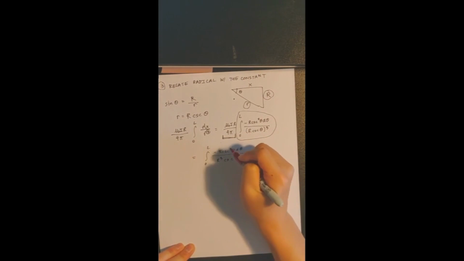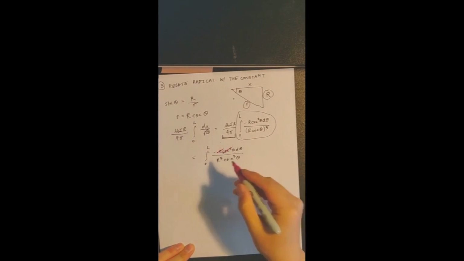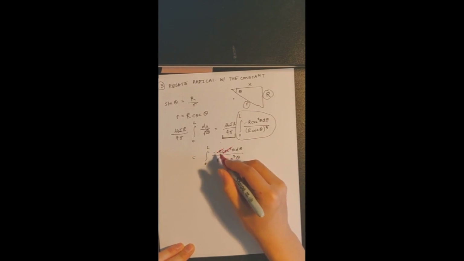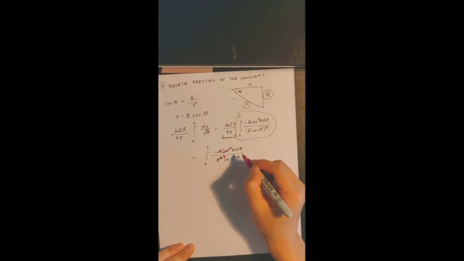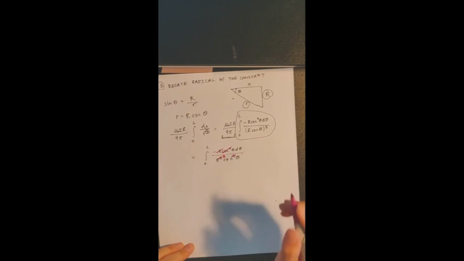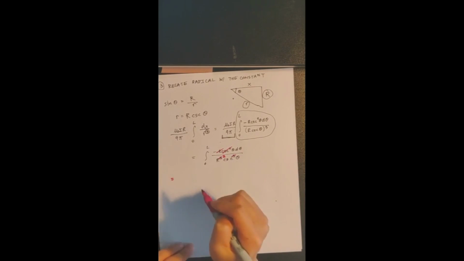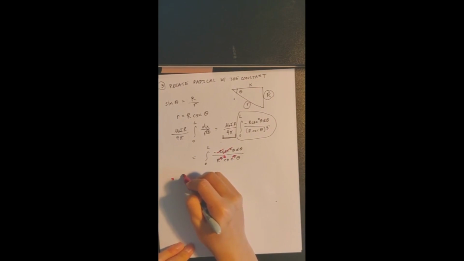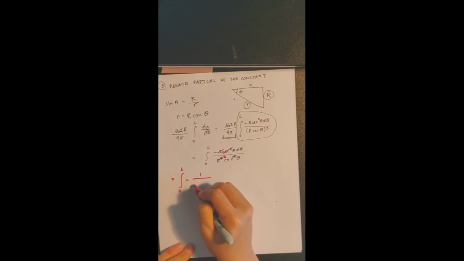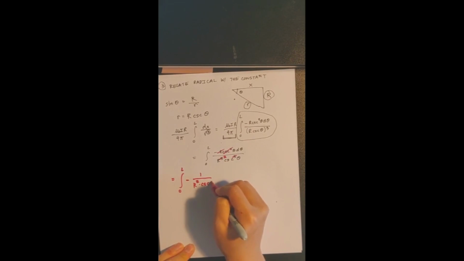So that means this goes away, and all that's left is going to just be squared, and then nothing here. So let's rewrite this. We're just going to get 0 to L negative 1 over R squared times cosecant theta.